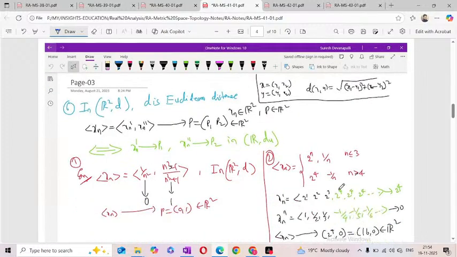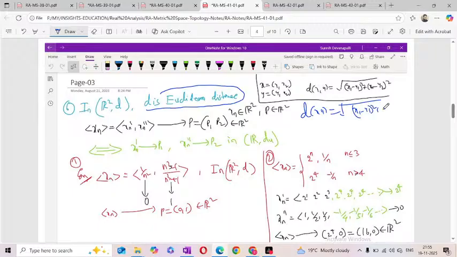Now we will see a few examples in the usual metric and the discrete metric also simultaneously. The first one, I am taking R square with d, the Euclidean distance, that means the Euclidean metric. That means d of x comma y is equal to the square root of (x1 minus y1) whole square plus (x2 minus y2) whole square.